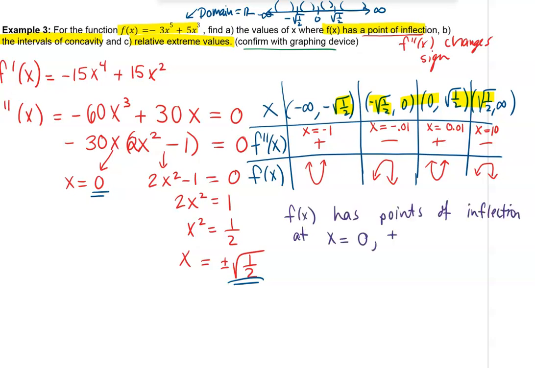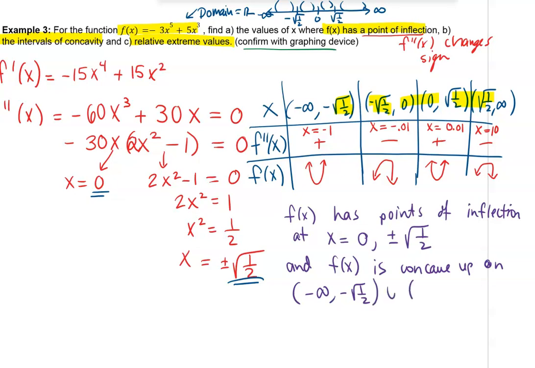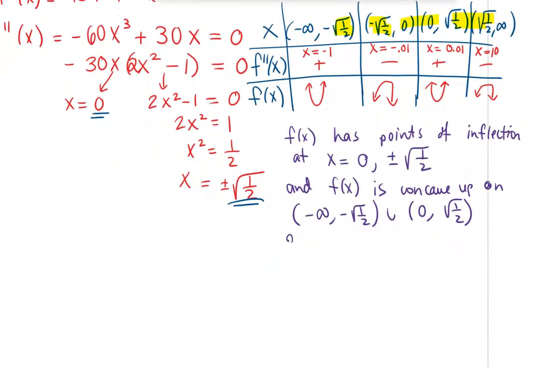I'll just say 0 and then plus or minus square root 1/2. And we know that f of x is concave up on the intervals from negative infinity to negative rad 1/2 and 0 to positive rad 1/2. That would be where the function's concave up. The function is then concave down on the other two intervals.